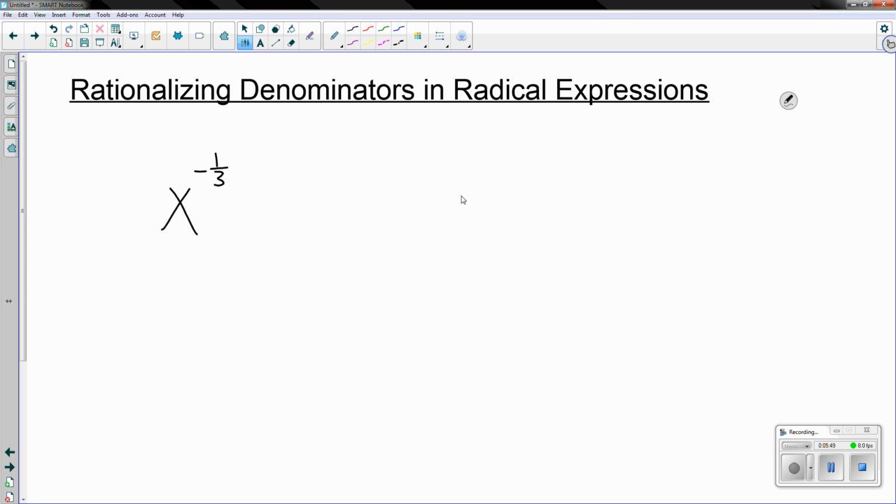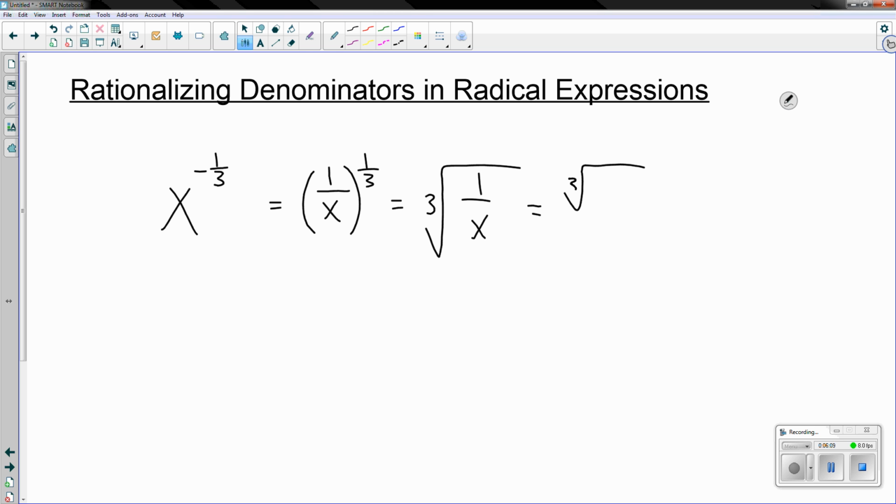Well, when we see negative exponents, that's equivalent to the reciprocal of the base, so the reciprocal of x, raised to the positive version. And we know that 1/3 is a cube root. And we know radical properties we can split. And we know the cube root of 1 is just 1 in this case.